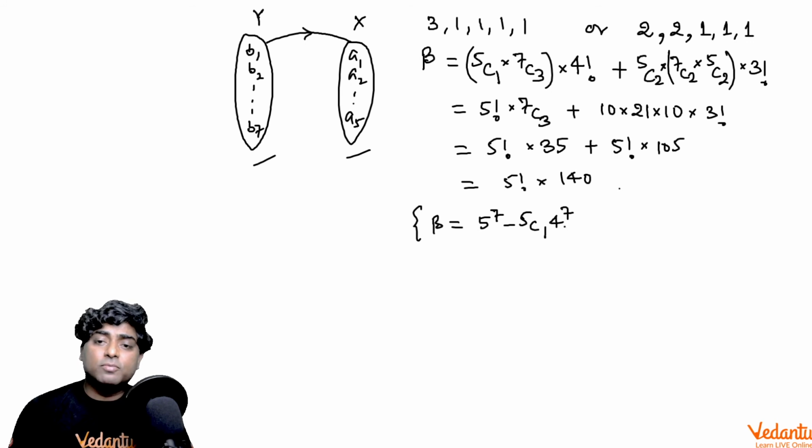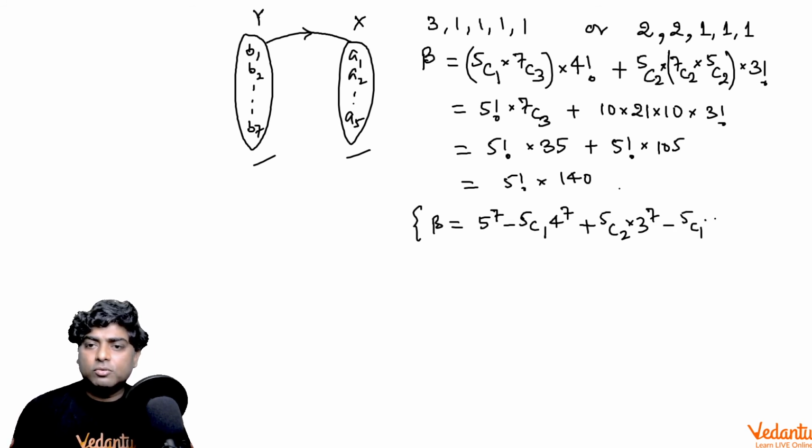So maximum 4 elements are engaged, so 4 raised power 7, plus because 2 are not engaged are also involved in it, so we have to add it again. So it is like this. So if you have some practice on the principle of inclusion exclusion, you can easily get beta as this. But again, I will say here it should be 3, here should be 4, 1 raised power 7.